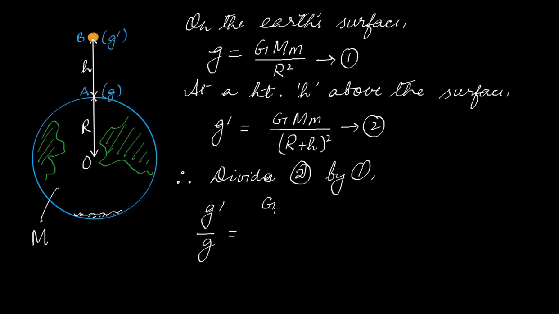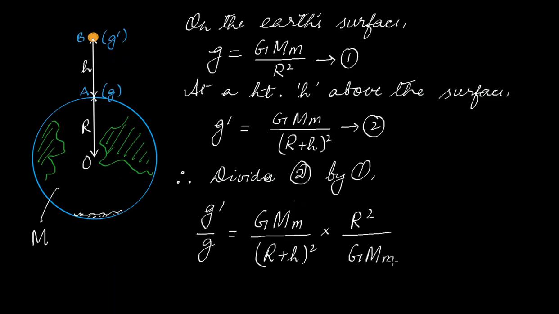This is equal to G M m by r plus h whole thing square into, this will go upside down, r square by G M m, right?